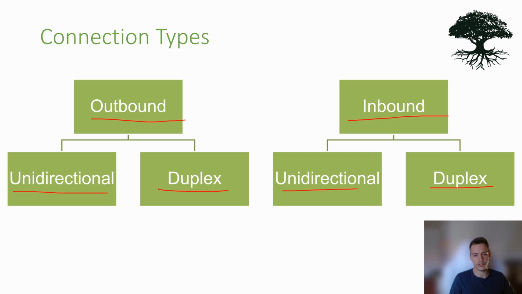While duplex means the connection is being used in both ways. So the mini protocols are going both ways, from our node to the other node and from the other node towards our node. The same principle applies for the inbound connection, in which case an inbound unidirectional connection would mean that the other node is using the mini protocols towards our node, but our node is not using them towards the other node. And in the duplex connection, both nodes are using the connection to talk in node mini protocols.